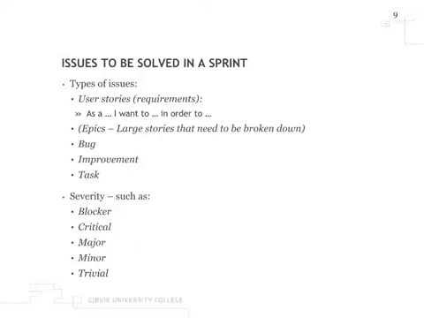For example, as an administrator, I want to disable users or block users in order to prevent hazardous use of the system. You see? So that's one example. As a, and the role, I want to do something in order to. So you have to say why you want to do the thing.